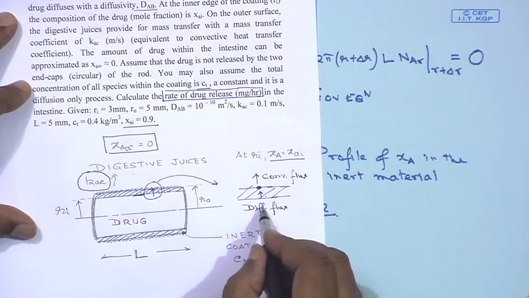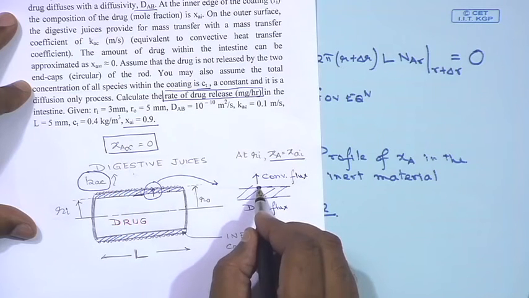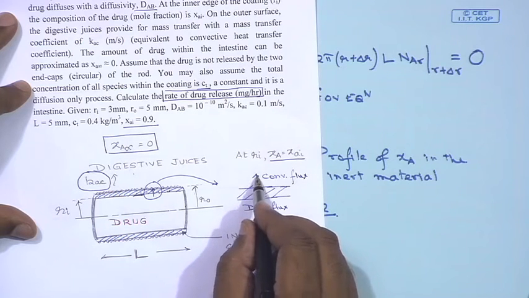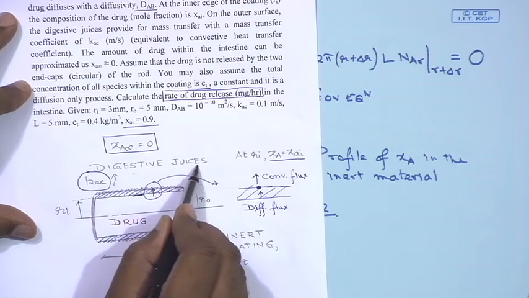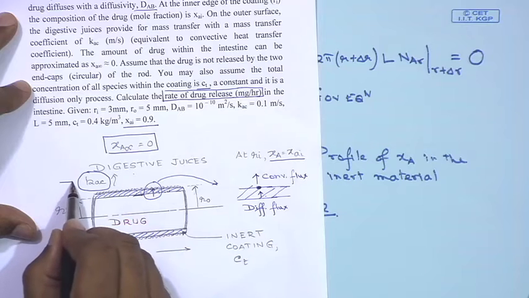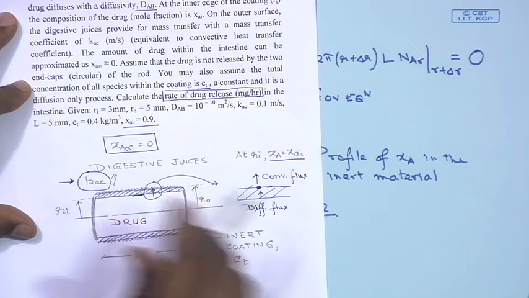So, the amount of A which reaches by diffusion to the outer layer of the coating must be convected out due to the convective condition maintained by the digestive juices, with a convective mass transfer coefficient denoted by k_c.